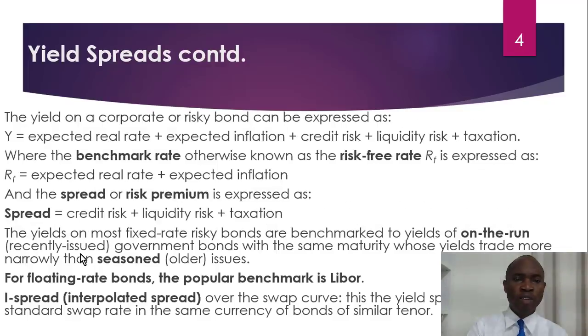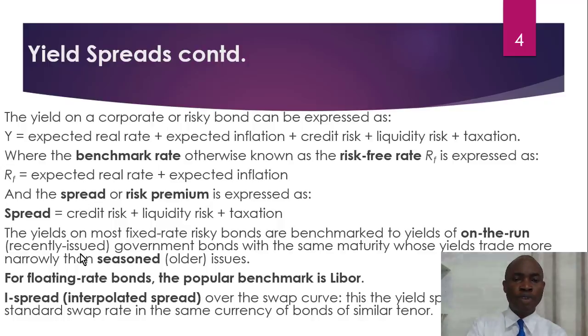Now, let's look at the yield on a corporate bond or risky bond. This can be expressed as the expected real rate plus expected inflation, plus the credit risk, liquidity risk, and the taxation. This is for a risky bond. But for a benchmark bond, like a government treasury bond, the expression is R subscript F. This is given as expected real rate plus expected inflation.